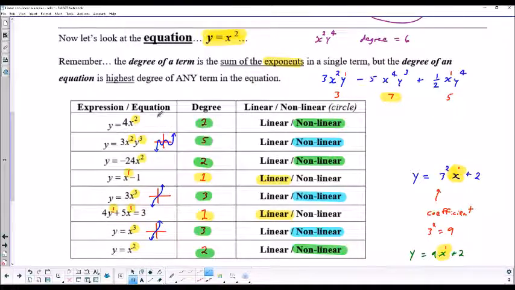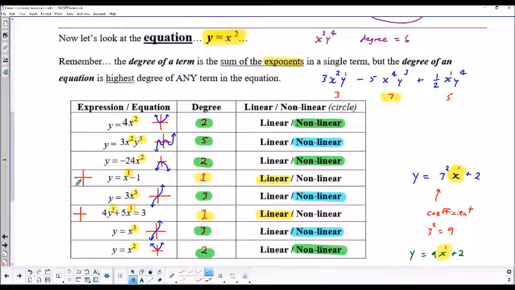But anyways, these graphs of degree 2 and 3 and 5, those are nonlinear, and you can tell that with the fact that the degree is not 1, it shows as nonlinear. Whereas these other graphs with degree 1, those ones are linear.